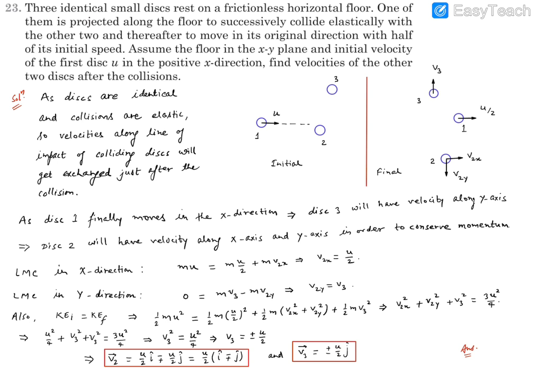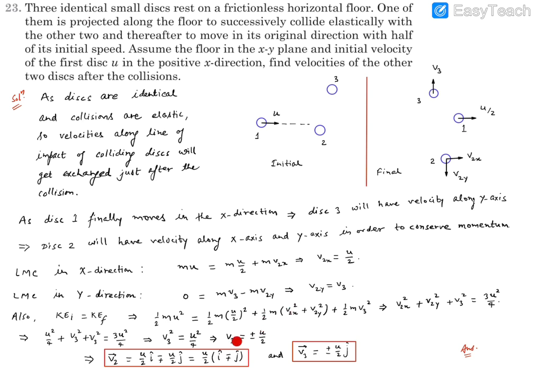Now what about the second ball's velocity? The second ball will have this i component, and the i component is going to be u by 2. So u by 2 plus i cap, that's for sure, because it was given that the first was moving in the plus x direction. So this must be the plus x direction, and it is coming out to be plus x. Now v2y will be equal to v3 in magnitude and opposite in direction.